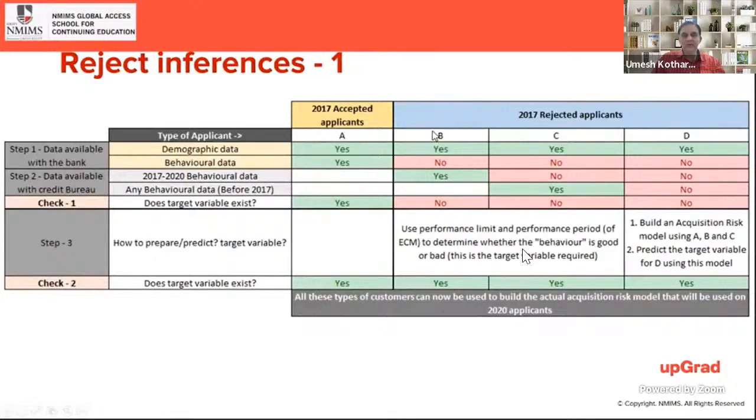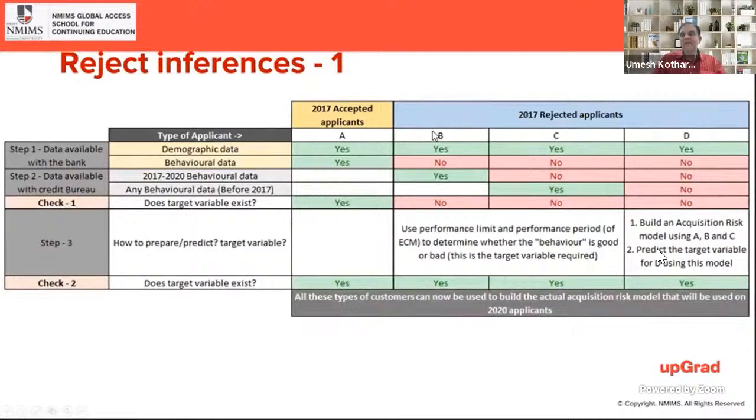And therefore, what you do in this particular case for B and C is use their transaction behavior to be able to predict them as good and bad, including data that is there with the credit bureau, including data that is there before the time period that you're considering, to be able to then bring it in line with the others, which is apples to apples and not apples to oranges.